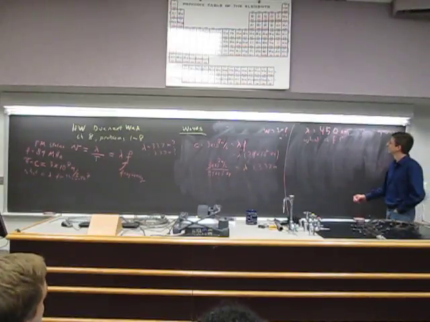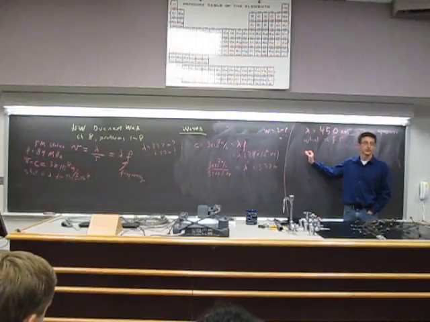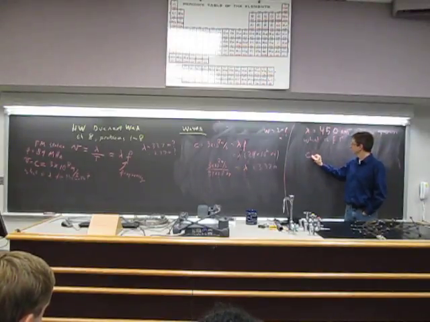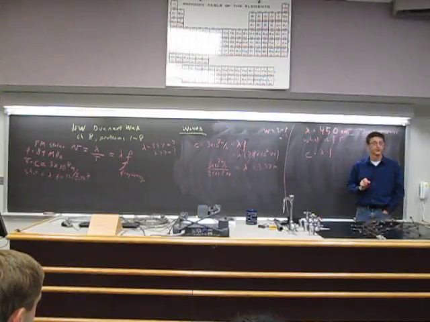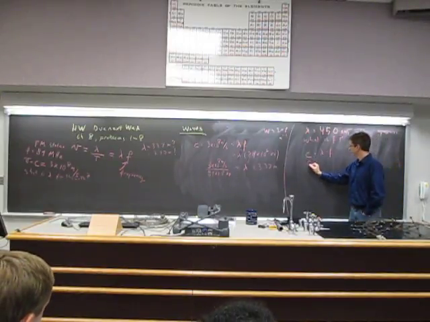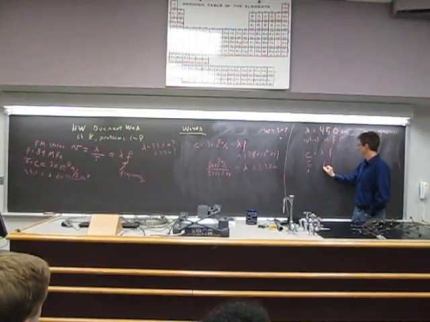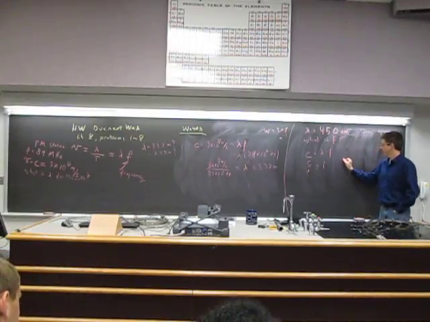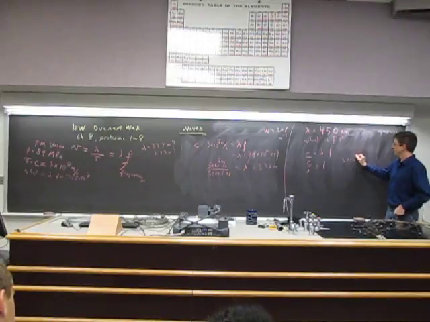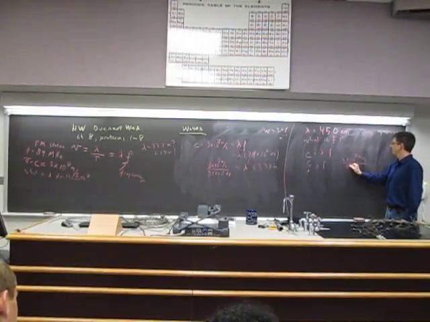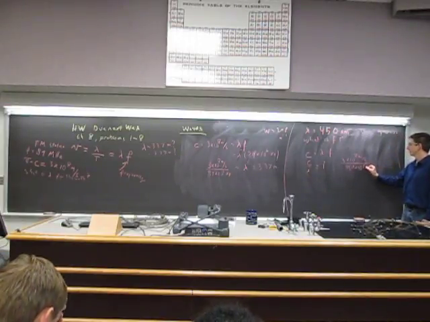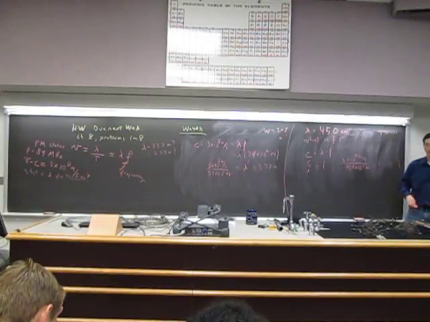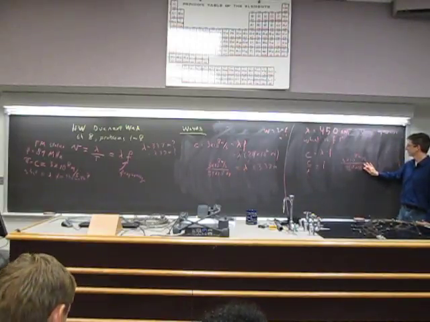All right, so let's go ahead and check that really quickly. So c is lambda times f. If I want to figure out what f is, c over lambda is equal to f. So I take 3 times 10 to the 8 meters per second, divide by 450 nanometers, which is 450 times 10 to the minus 9 meters, or 4.5 times 10 to the minus 7.